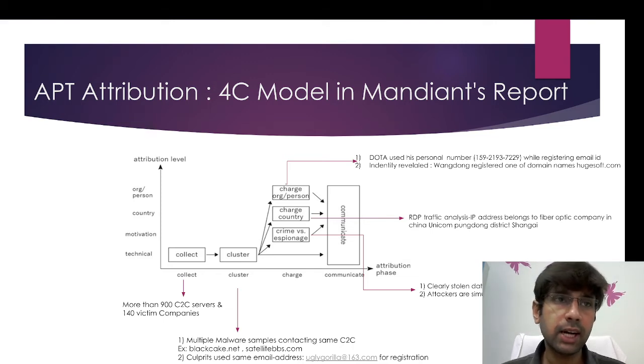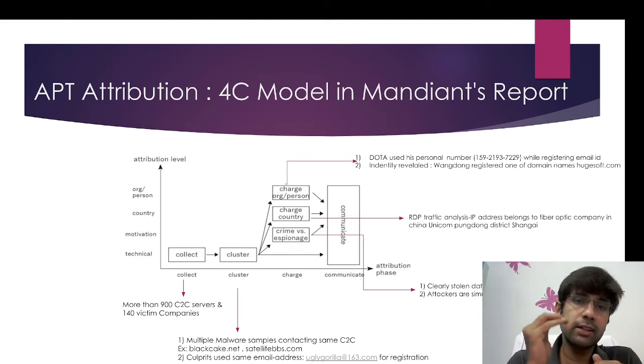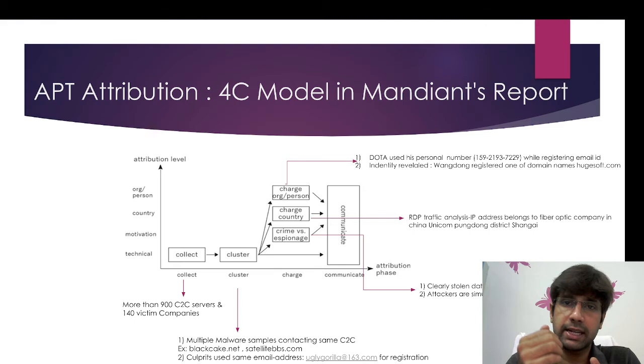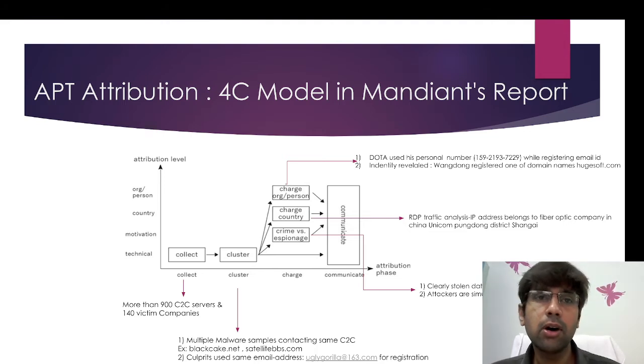In the third phase, the charge phase, Mandiant looked into this case from various perspectives and directions. In the next slide, that is charge versus espionage, they analyzed the clustered events and the nature of the data the attacker stole from the victim machines. They understood that all the data exfiltrated or collected from the victim machines directly or indirectly correlates to China's five-year plan.